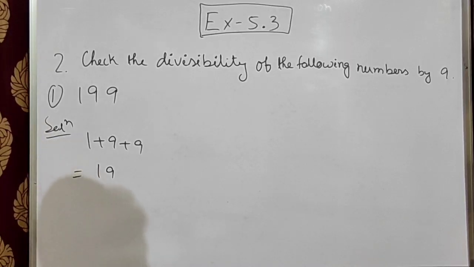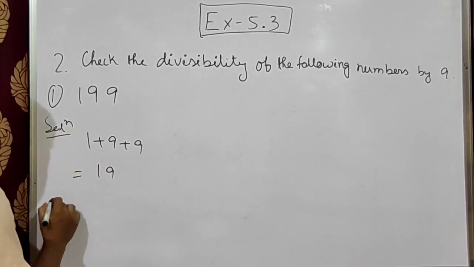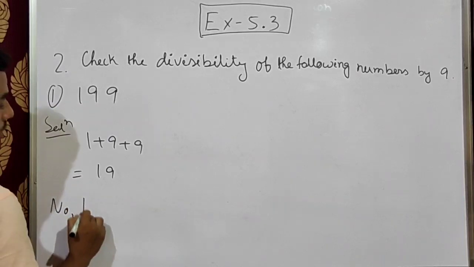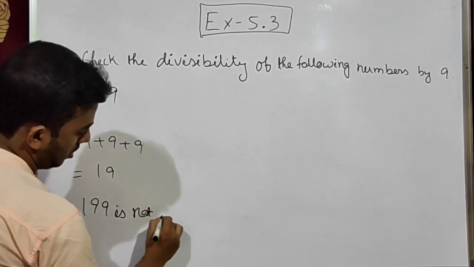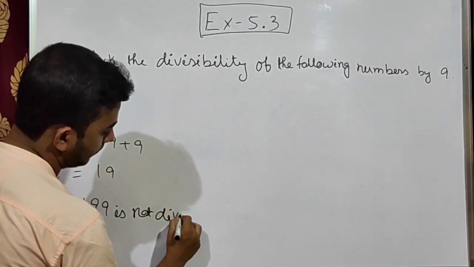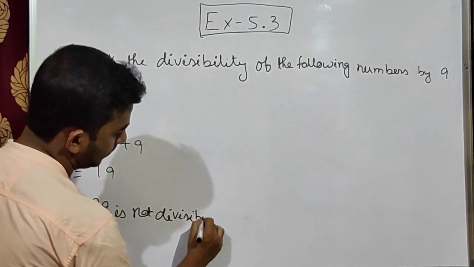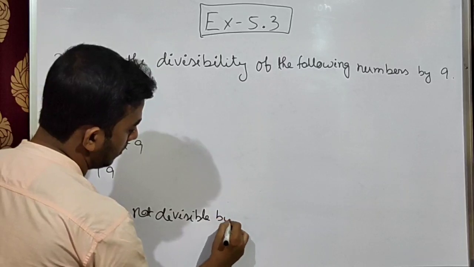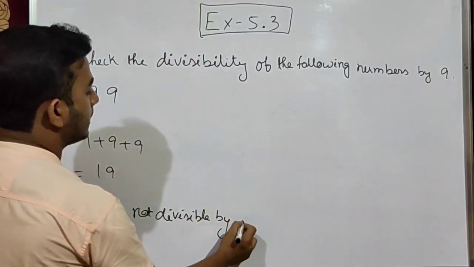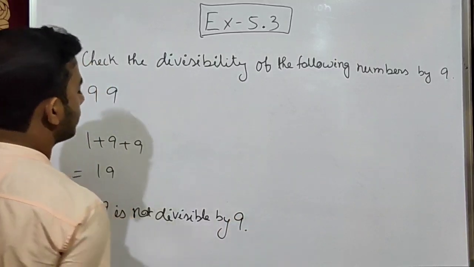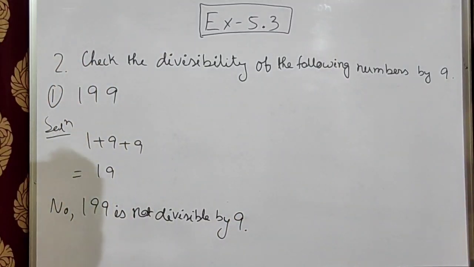No, 19 is not divisible by 9. So, we will write no, 199 is not divisible by 9.